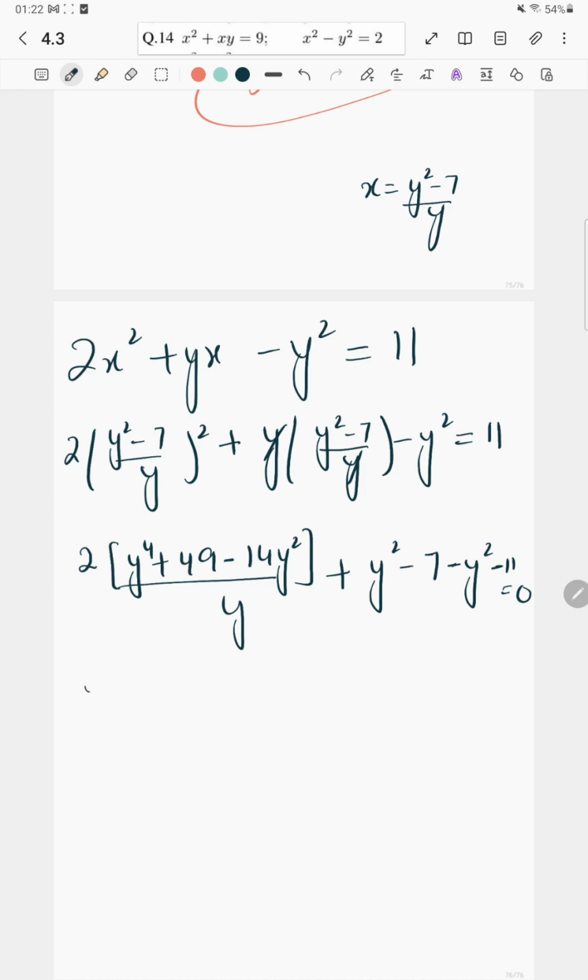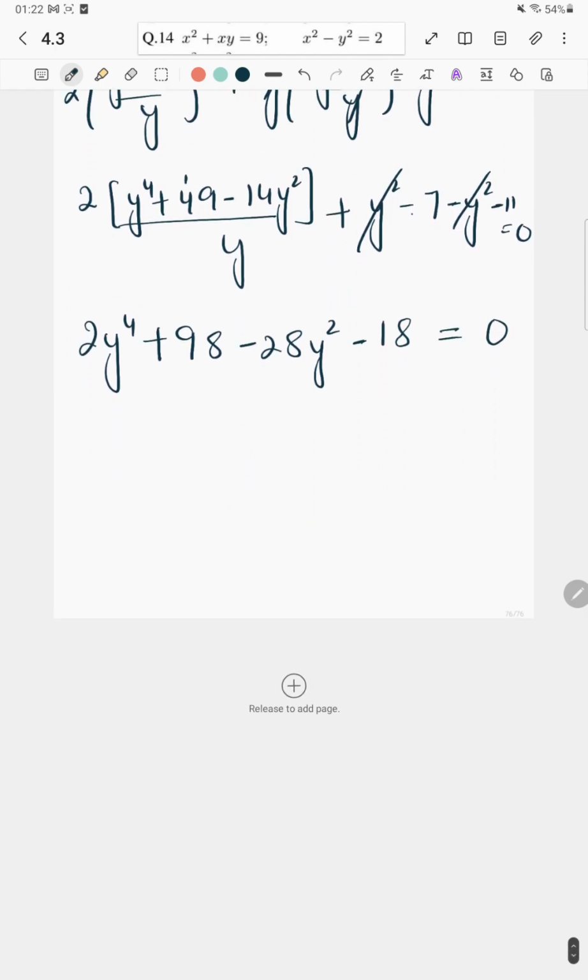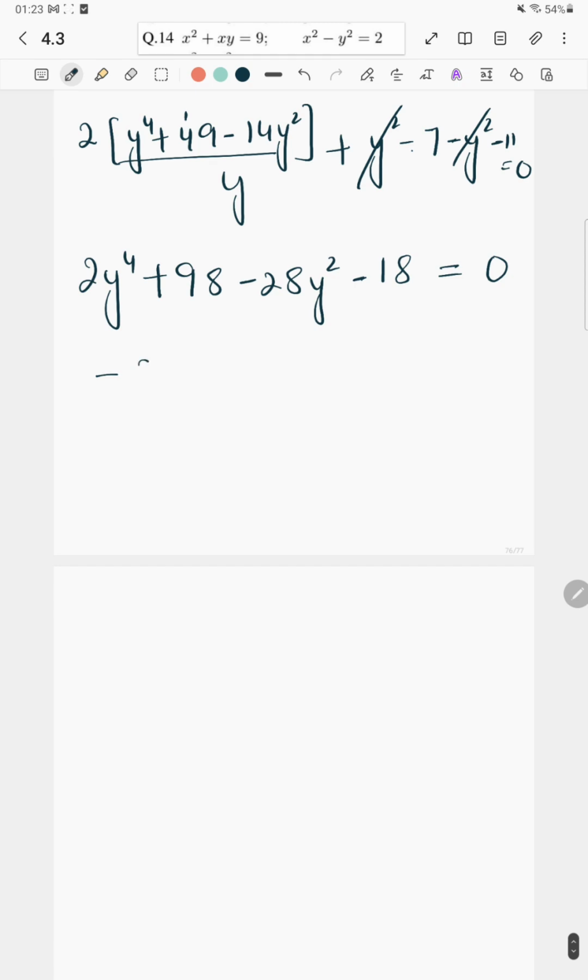So from here we have 2y to the power 4 plus 28y square minus 7 minus 11 is minus 18, which is equal to 0. So it's going to be 2y to the power 4 minus 28y to the power 2 plus 8, which is equal to 0.